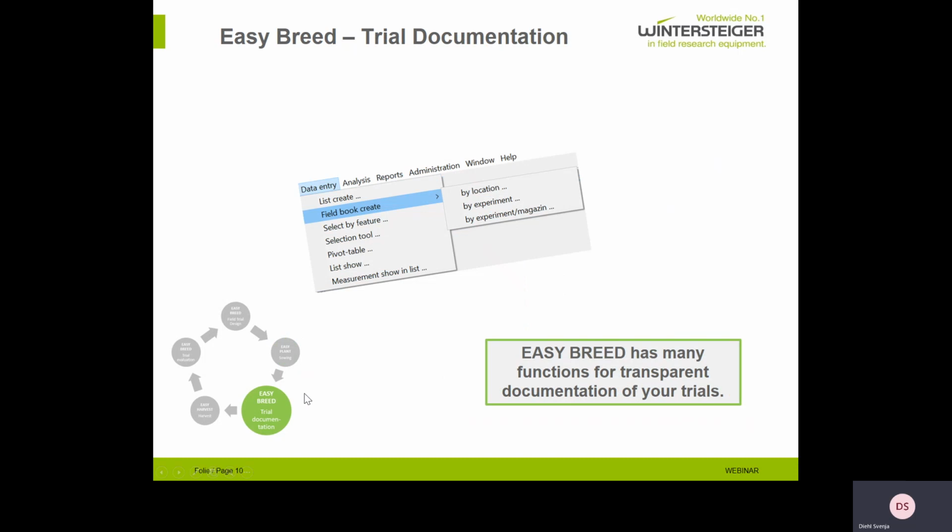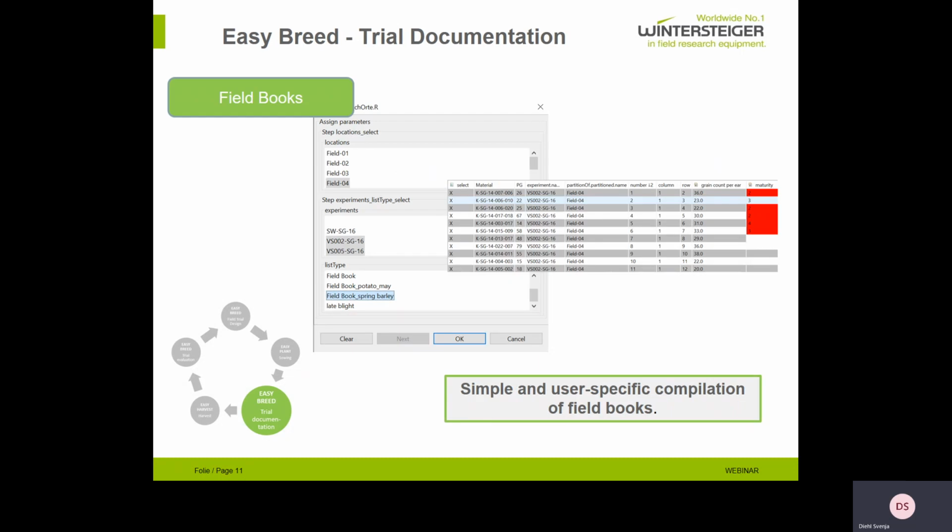Let's go to the third step, the documentation of your trial results. You document a large number of observations and measurements of your field tests. EasyBreed has many functions for the transparent documentation of your field trials. For example, you can compile field books easily and user-specifically.